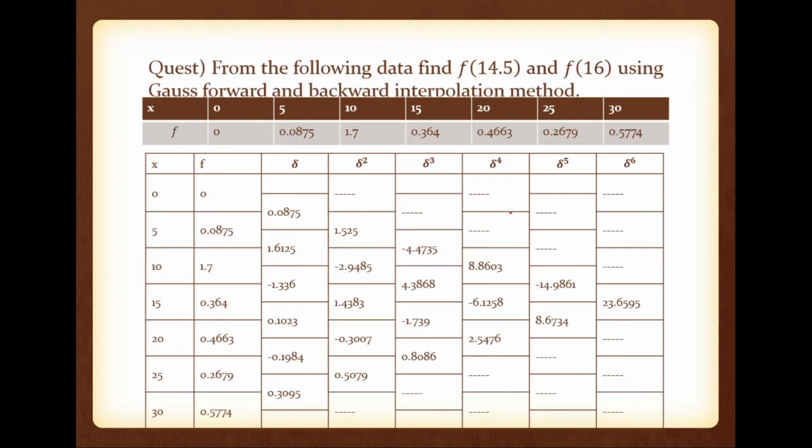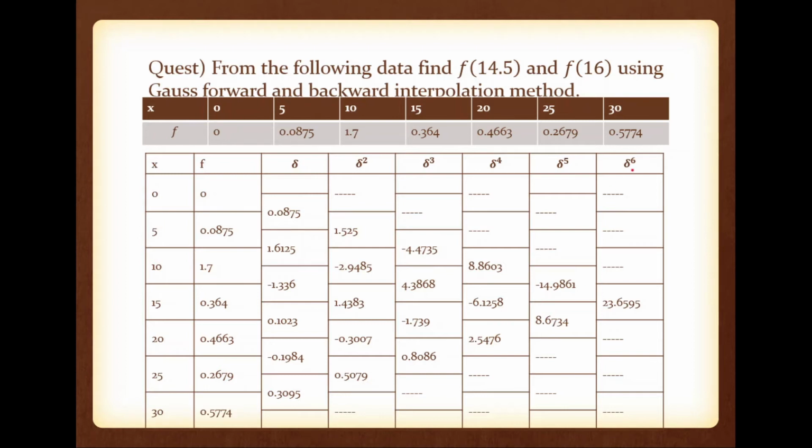So this is the fourth central difference. Using this data, we have to find the fifth central difference. So minus 6.1258 minus 8.8603 is minus 14.9861. 2.5476 minus minus 6.1258 is 8.6734. So this is the fifth central difference.